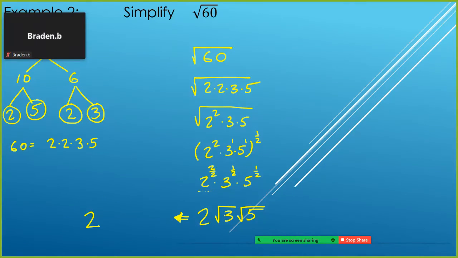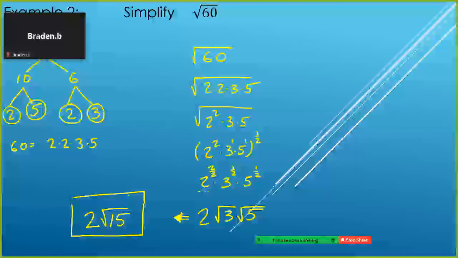But my square root of 3 times square root of 5, well, I can multiply those together to be the square root of 3 times 5, 15. And here's our final answer. So the square root of 60 broke down, reduced, simplified to 2 root 15, 2 square root of 15.